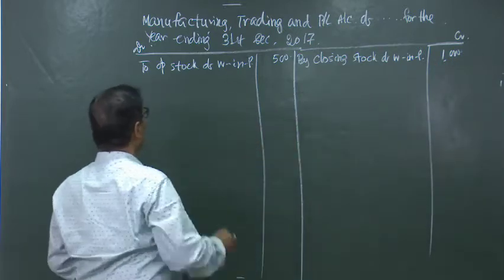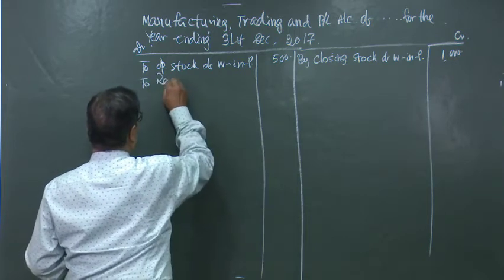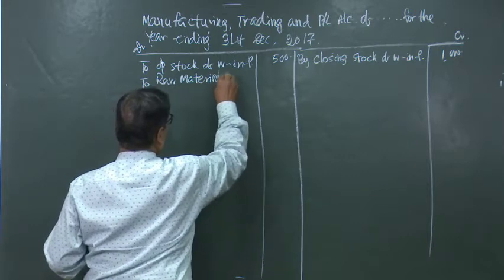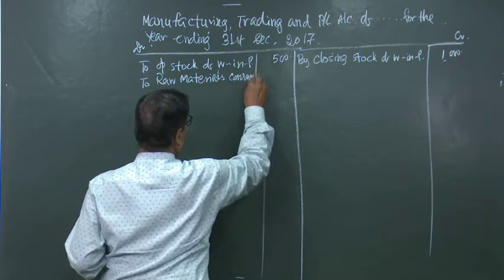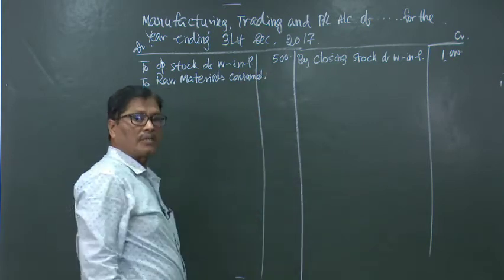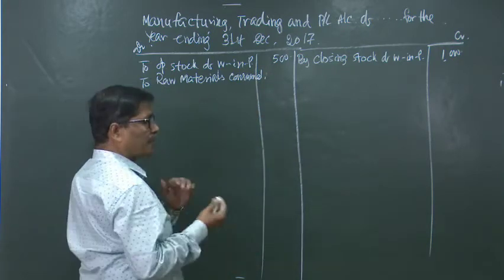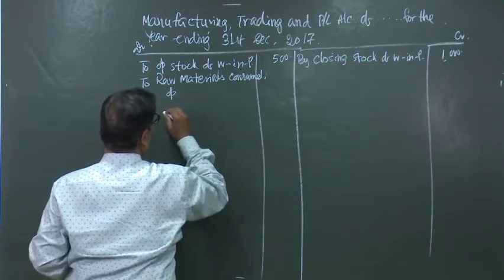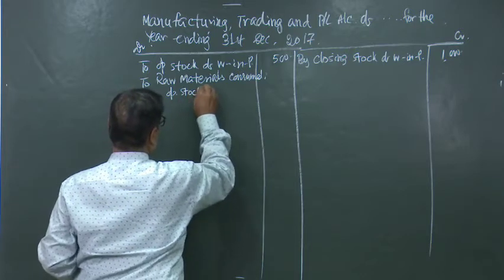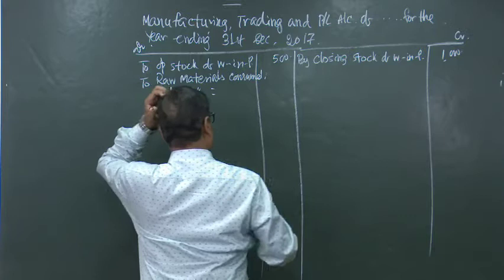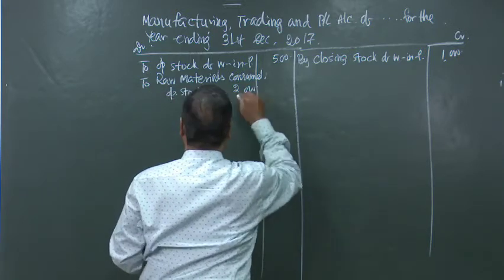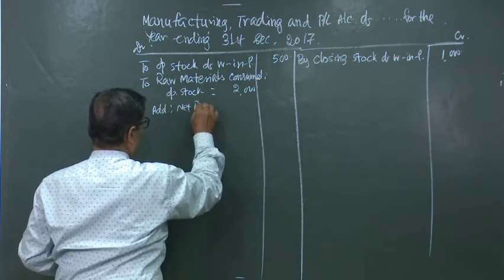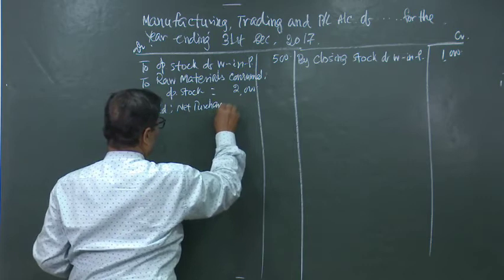Then we will write raw materials consumed. Raw materials consumed will be a combination of three things, that is opening stock of raw materials, say opening stock was 2000 rupees, add purchases net, purchases of raw materials.